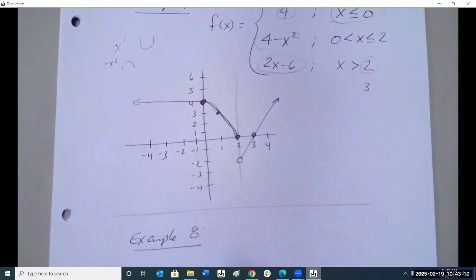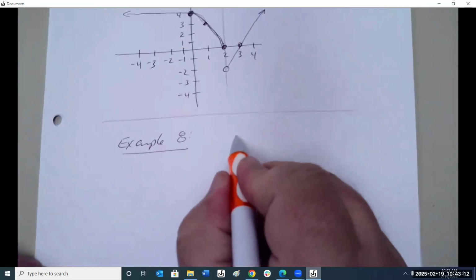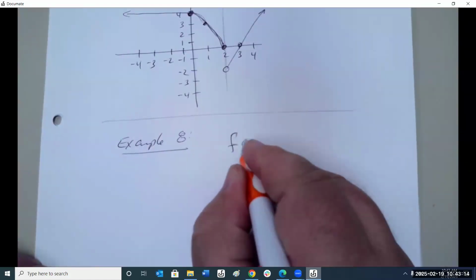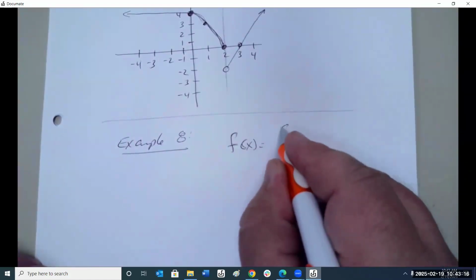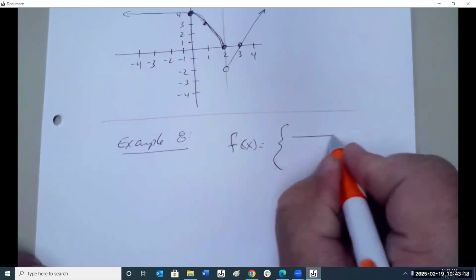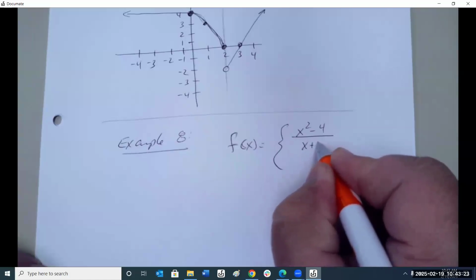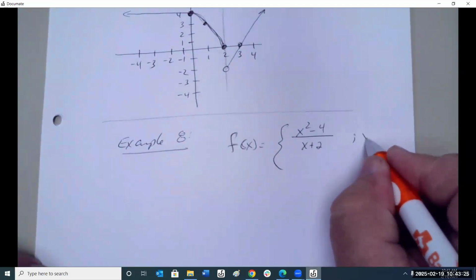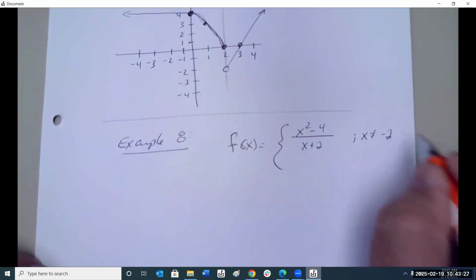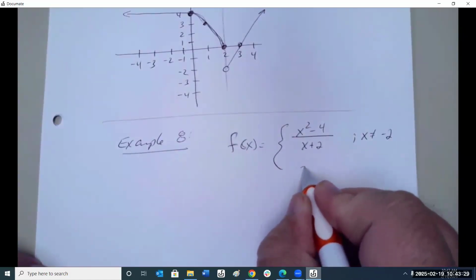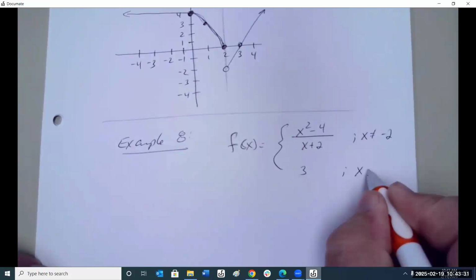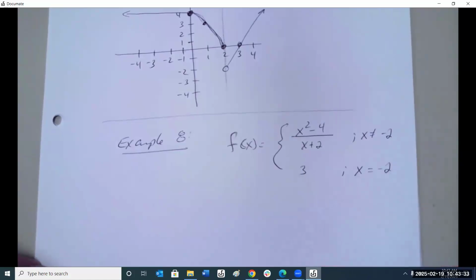Example 8. F of x is equal to x squared minus 4 over x plus 2, for all x's not equal to negative 2, and 3 for all x's equal to negative 2.